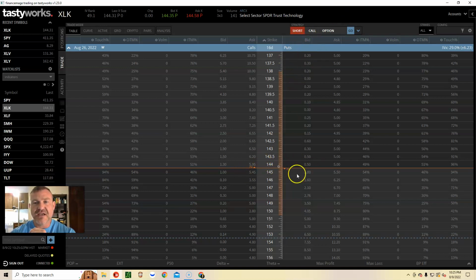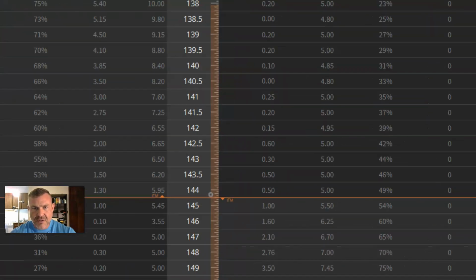This is the put side. This is the call side. In here we have our bid, we have our ask on each side. So if we wanted to buy or sell a $143 strike price for XLK, we could potentially take in 30 cents per contract times 100 shares, so $30.